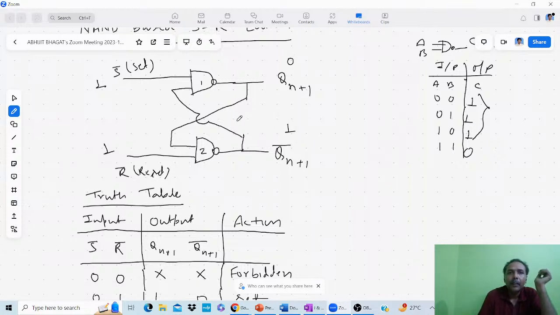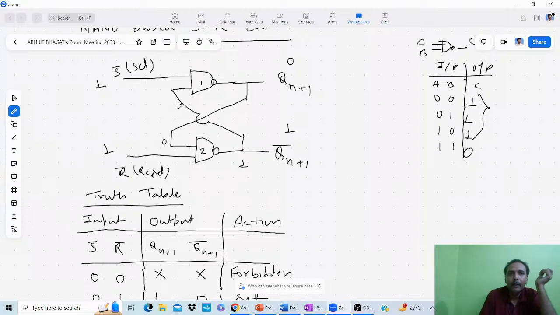Now this is 0, so 0, 1. For this gate, one input is 0. So here the output is what? 1. Because if any one input of the NAND gate is 0, you are getting 1 across the output.